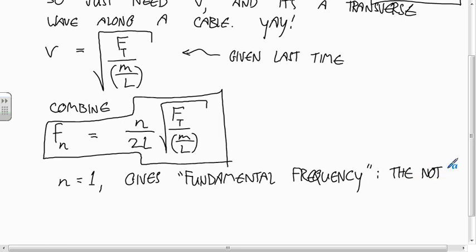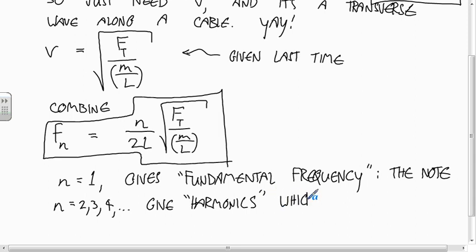That's the note that you hear. n equals 2, 3, 4, and so on give the harmonics, which provide the sound quality.